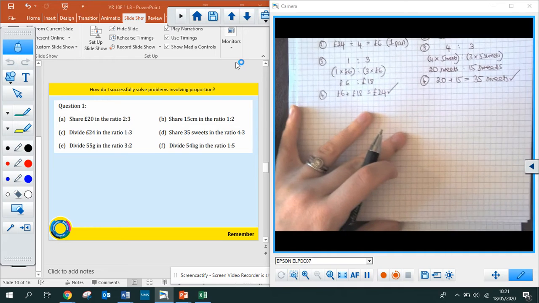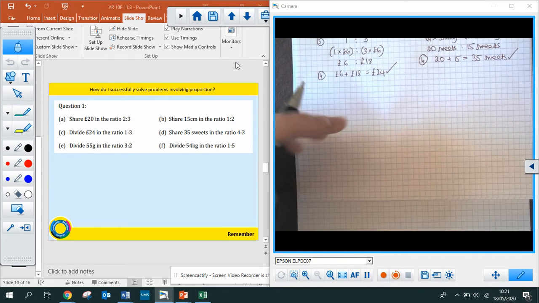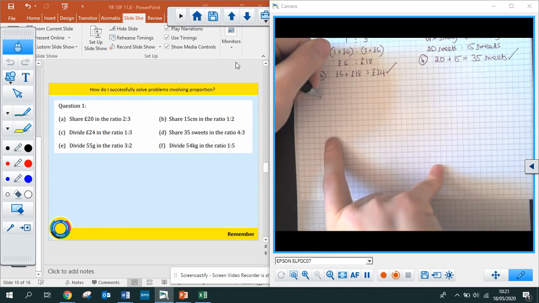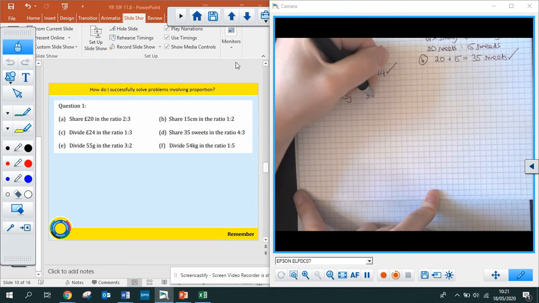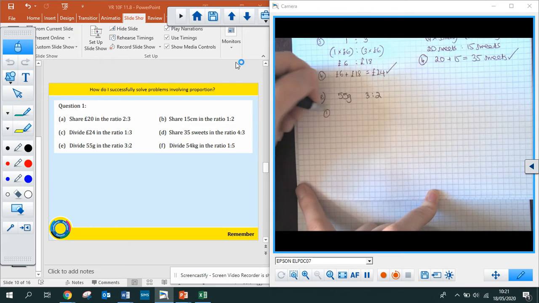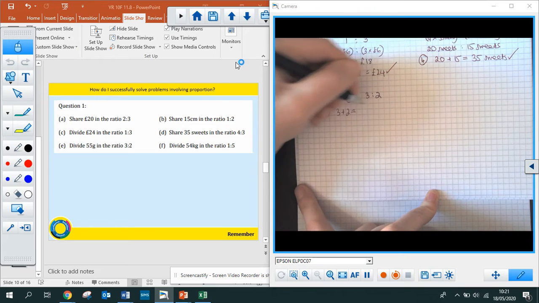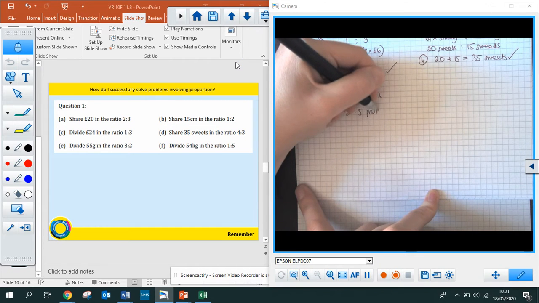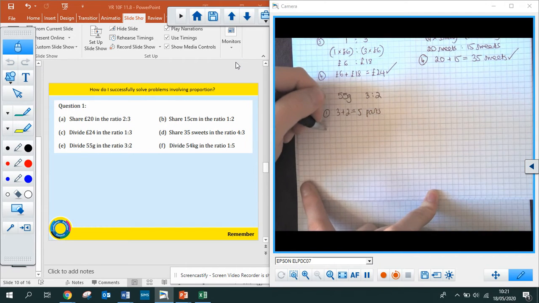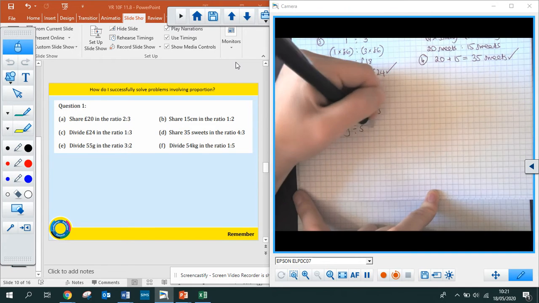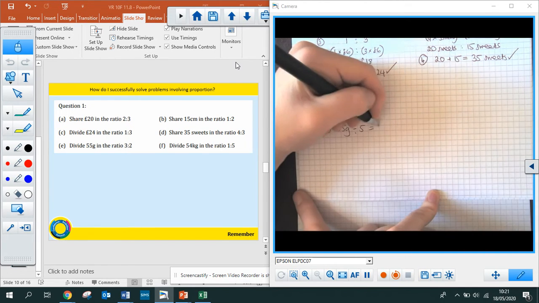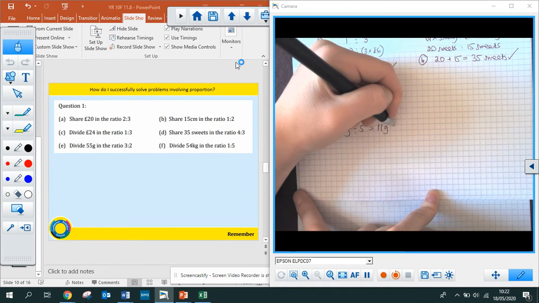Okay, moving on to part E. Divide 55 grams in the ratio 3:2. Step 1, add your ratio together, 5 parts in total. Step 2, divide my 55 grams by my total number of parts, which is 5. That tells me that each part is worth 11 grams.